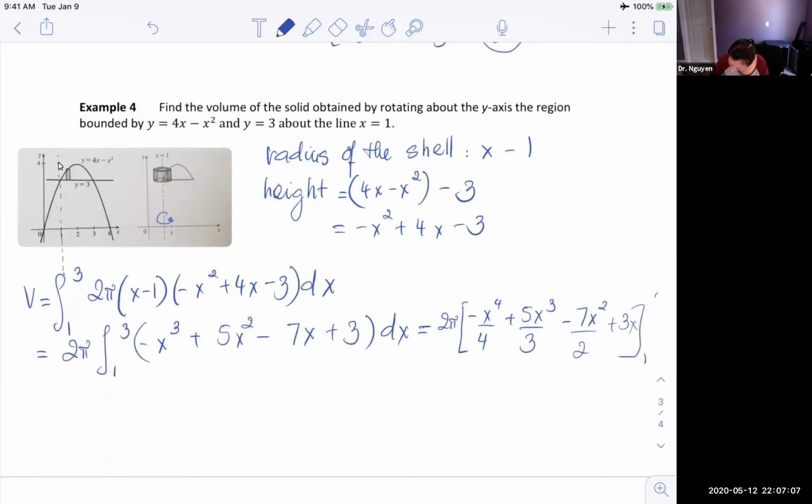So let's plug it in. Minus, and now we're taking care of 1.